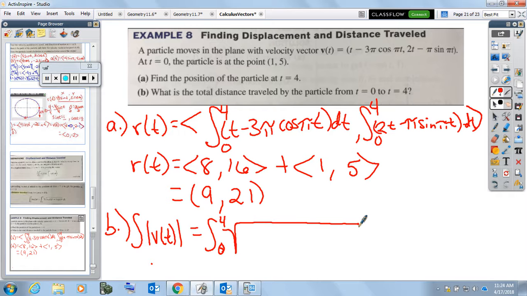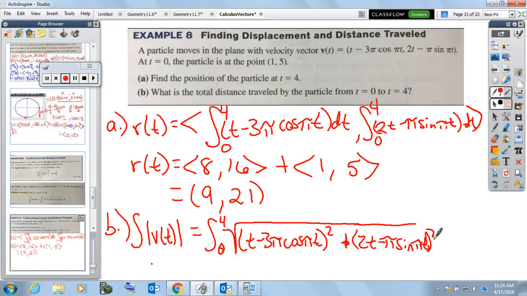Well, the velocity in this case will give me t minus 3 pi cosine pi t, all squared, plus the y component, 2t minus pi sine pi t, all quantity squared, under a square root.